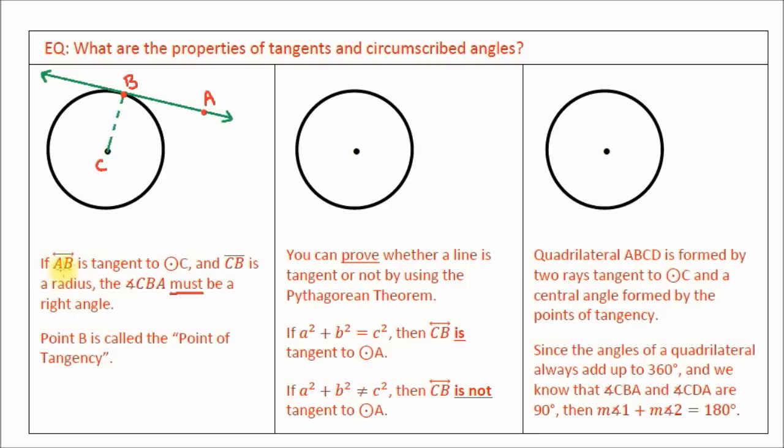So if line AB is tangent to the circle and CB is a radius, that means the radius is touching this point B here, which, class, is called the point of tangency. If this radius CB is touching the very same point that line AB is tangent to the circle at, then we know this angle right here must be a right angle.